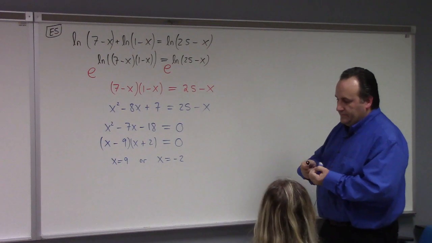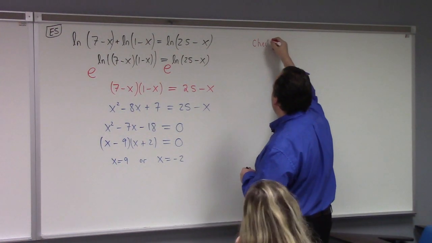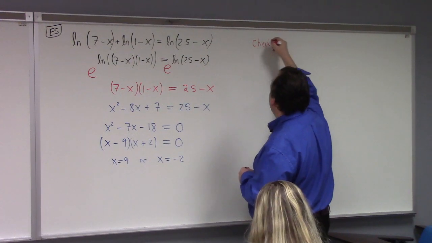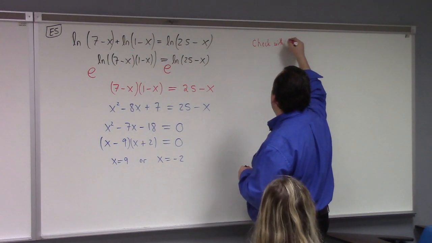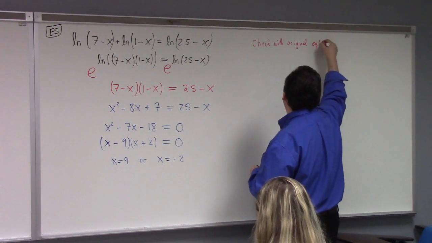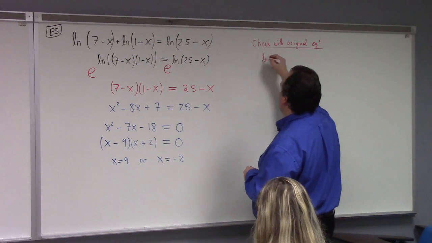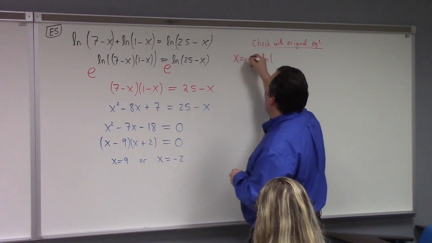But then we need to check it, right? Check them with the original equation. The original equation, we've got natural log, so let's try x equals minus 2, for example.